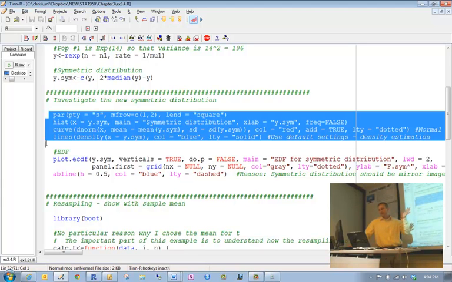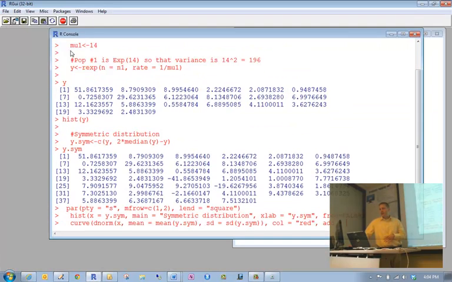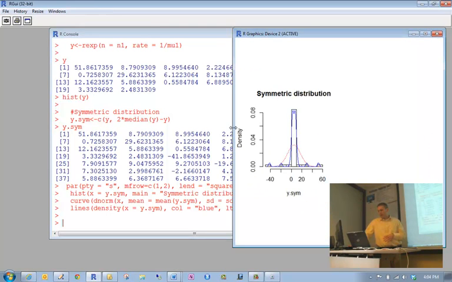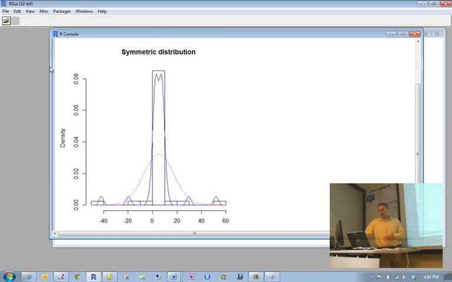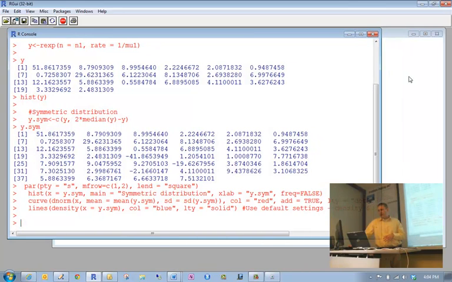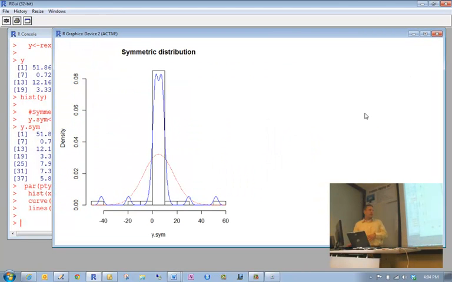I'm not going to get into density estimation too much, but it provides a simple way to estimate a density without specifying a particular distribution. The red here is the normal distribution, the blue is the density estimator, with the shape of the histogram. Maybe this isn't the best, but you can see that indeed it is symmetric.